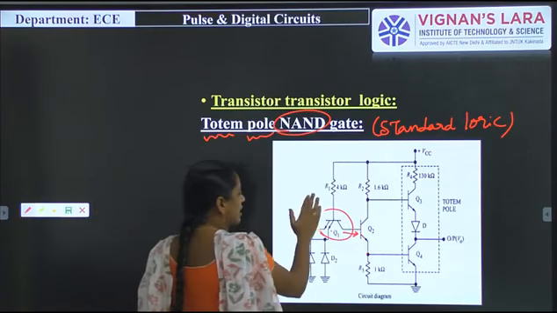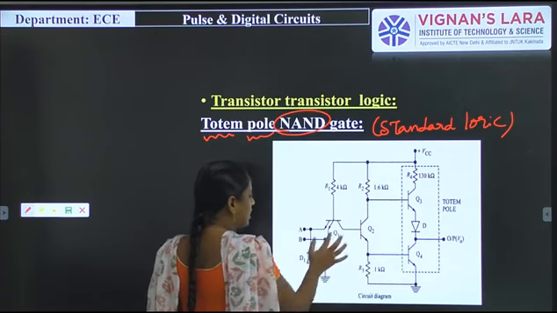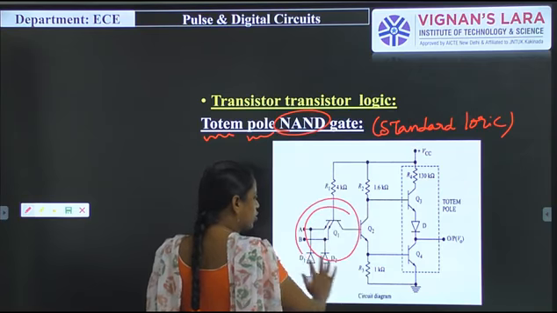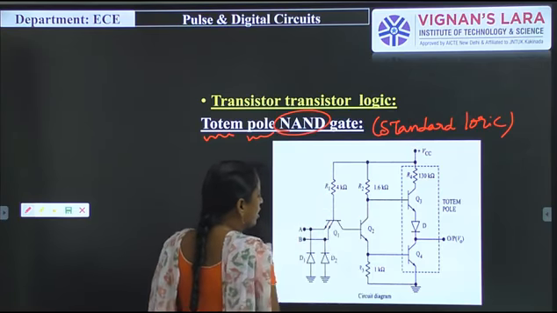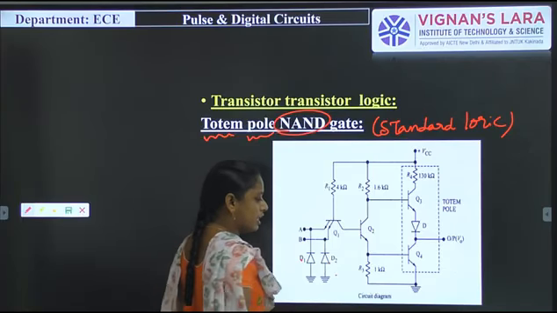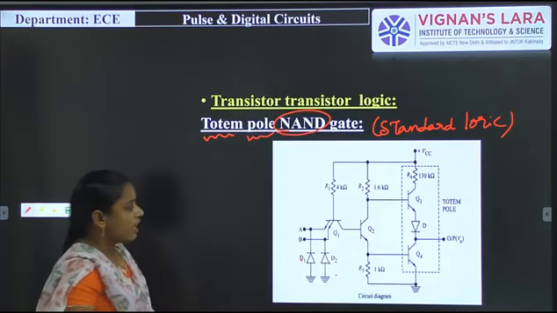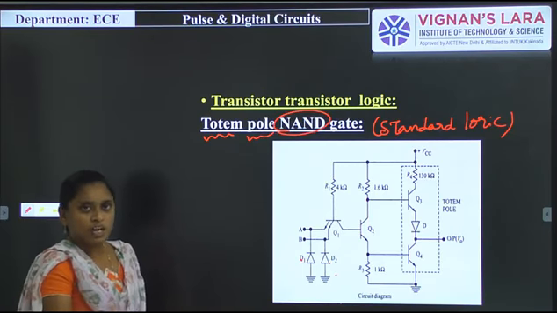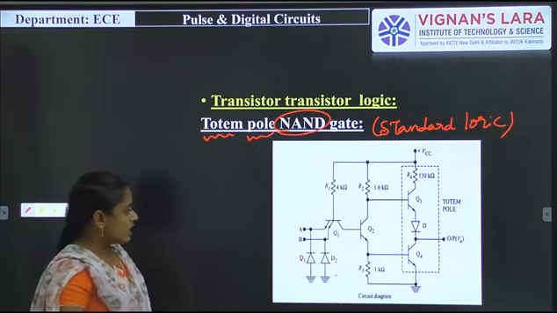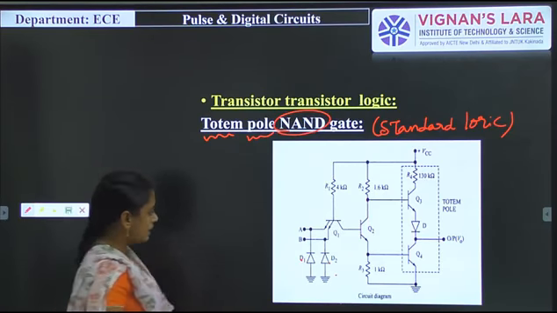In the totem pole connection, the first thing is Q1. Q1 consists of two diodes, D1 and D2. These two diodes are used for removing spikes.